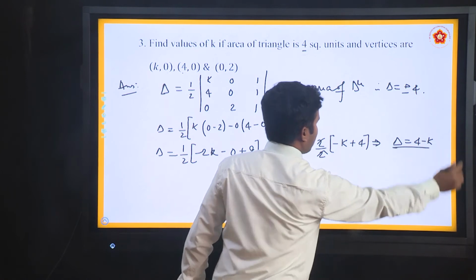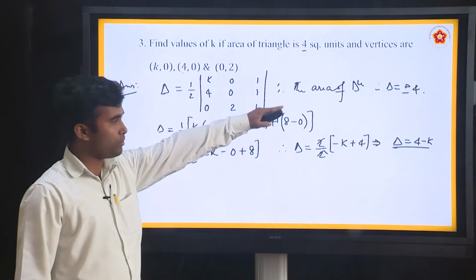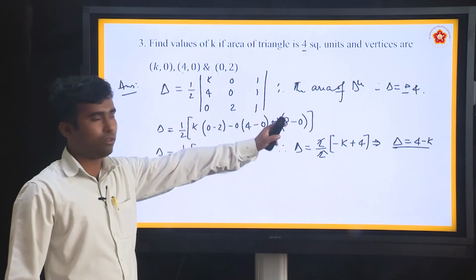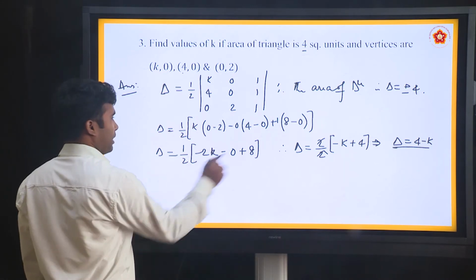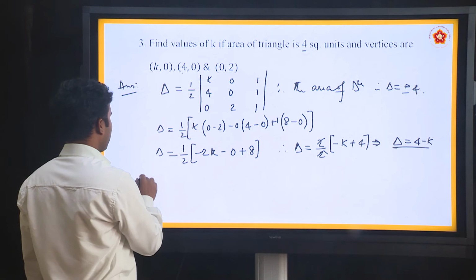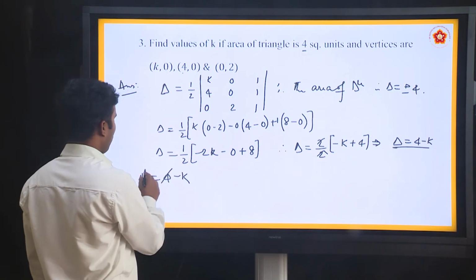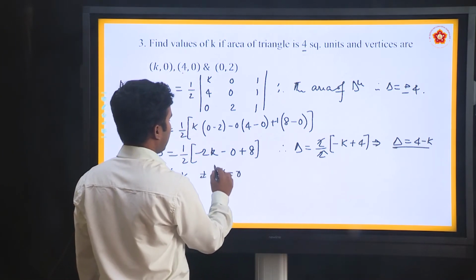Now, we have to substitute the delta value, first as 4 and then as minus 4. So, let us take plus 4 for that equation: 4 is equal to 4 minus k. The 4 and 4 get cancelled, you get minus k is equal to 0. Therefore, k is equal to 0.